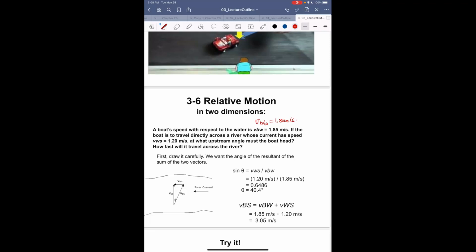The river's current has a speed, this is the velocity of the water with respect to the stream, 1.2 meters per second.